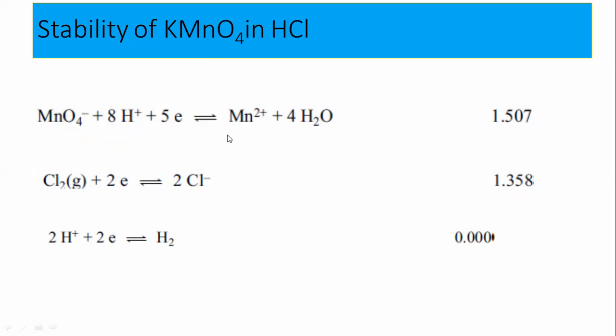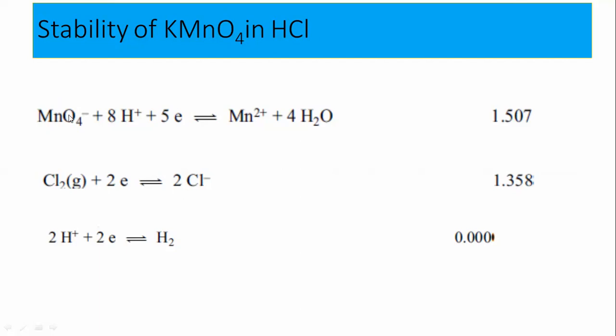So if you use HCl, what would be the reactivity of KMnO4 with this acid? Acid means it has H positive and Cl. H positive has the potential of this, and Cl, this is the half cell of chlorine, has the potential 1.358. Now, either MnO4 will react with this hydrogen, never, because both are the oxidized form.